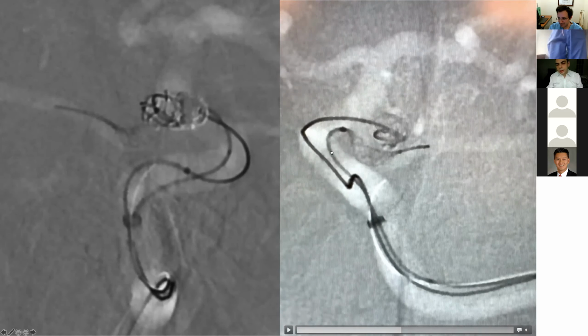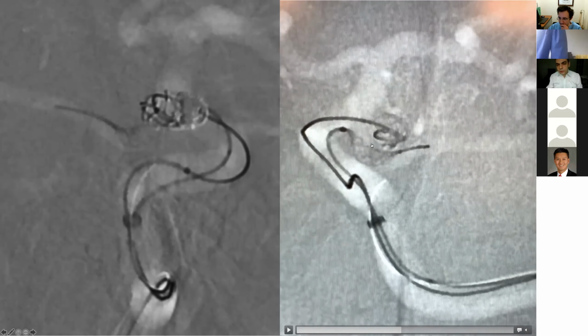You don't need bulky catheters for this. So here you see there's an SL10 in the cavity of the aneurysm with a couple of loops in place, and then the device is deployed from the posterior communicating artery into the carotid.